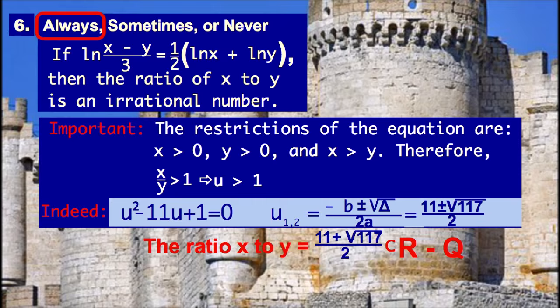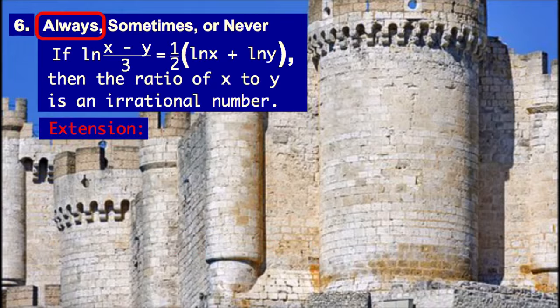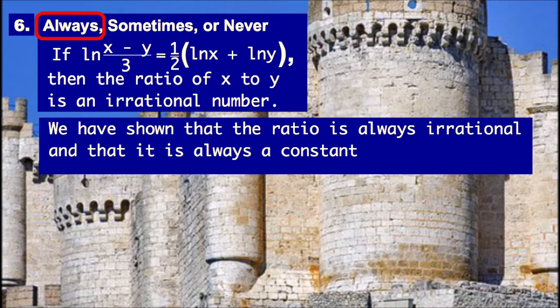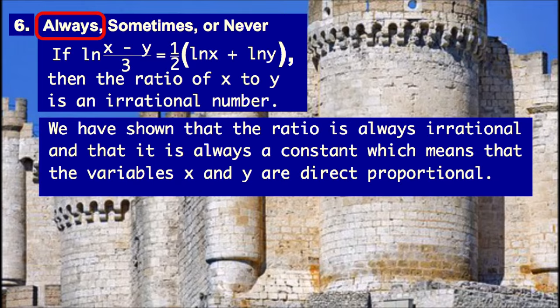The ratio x to y is equal to (11 plus the square root of 117) over 2, which belongs to the set of real numbers minus the set of rational numbers. Extension: we have shown that the ratio is always irrational, and that it is always a constant, which means that the variables x and y are directly proportional.